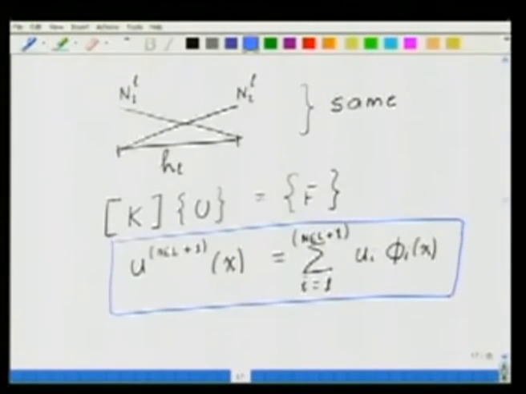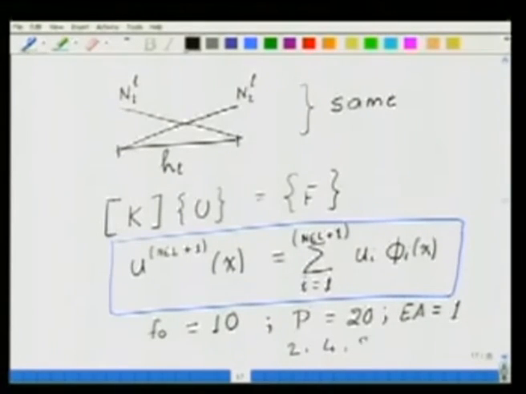What I would like is, as an exercise, you can take F_u equal to 10, F_0 equal to 10, P equal to 20, EA equal to 1, and solve this problem using 2, 4, 8 or 16 elements and so on, of uniform mesh size.